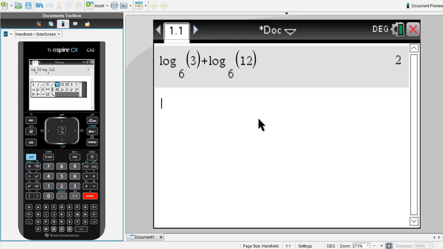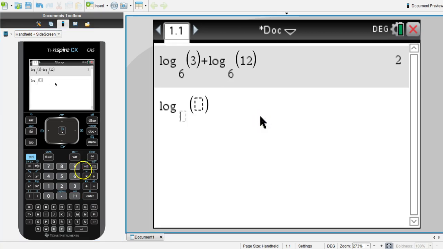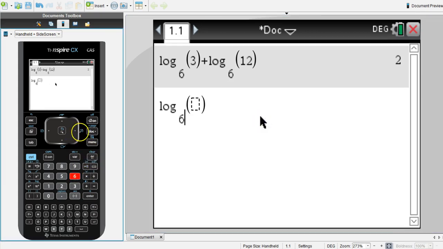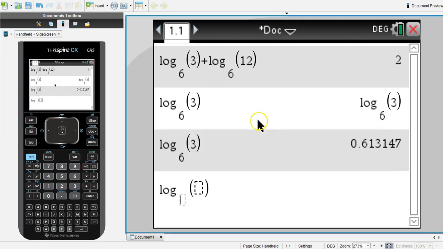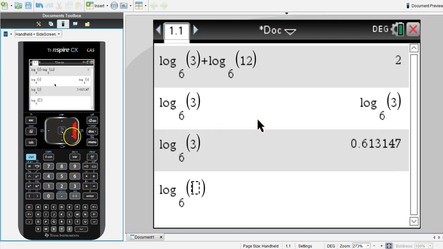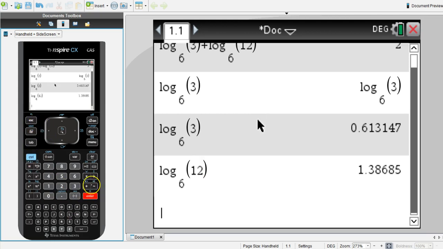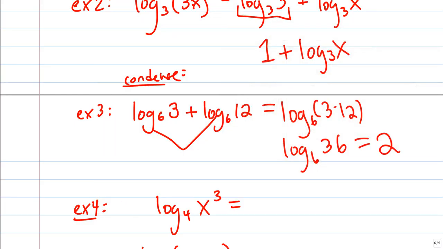And I like that because each of those individually, log base 6 of 3 and log base 6 of 12, are not very pretty numbers, but they do add together to give us exactly 2.